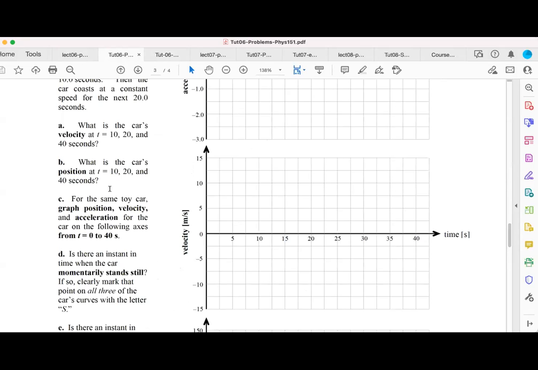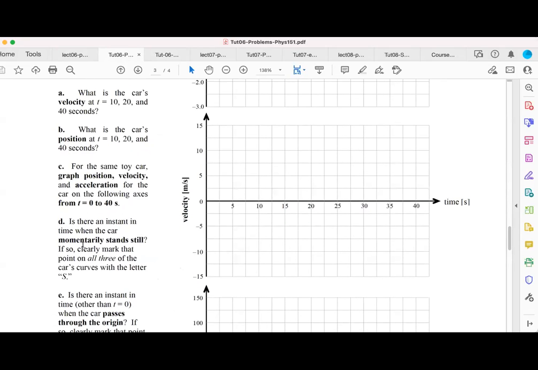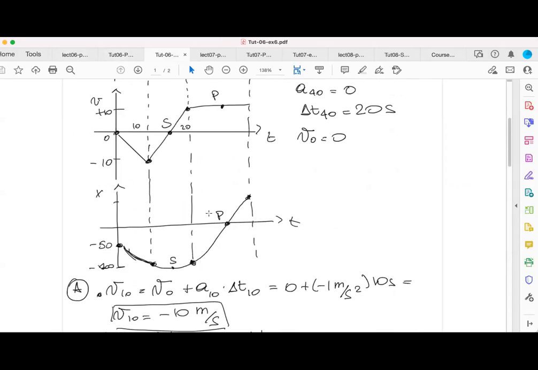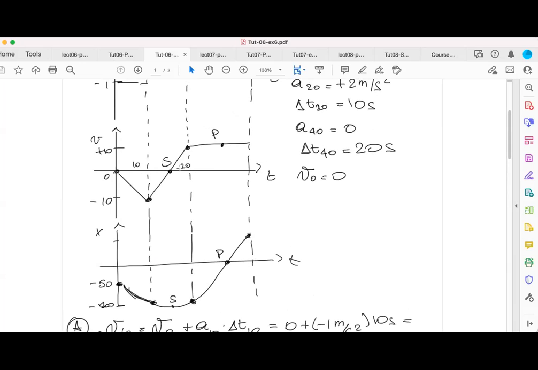The problem is also asking, is there an instant of time when the car momentarily stands still? And you need to put an S where it stands still. So it stands still when the velocity is equal to 0. So when this curve crosses 0. So in the origin, essentially, but this we knew at the beginning.